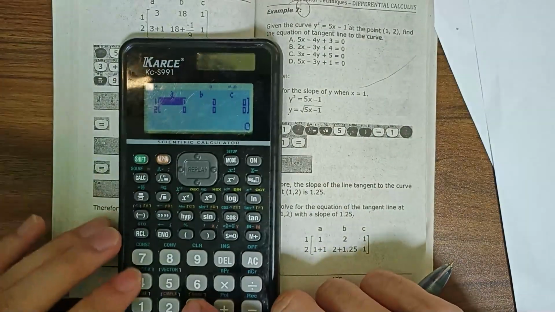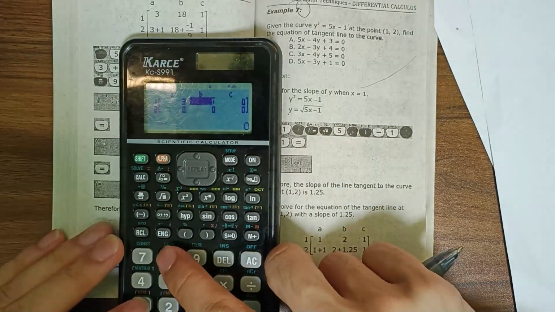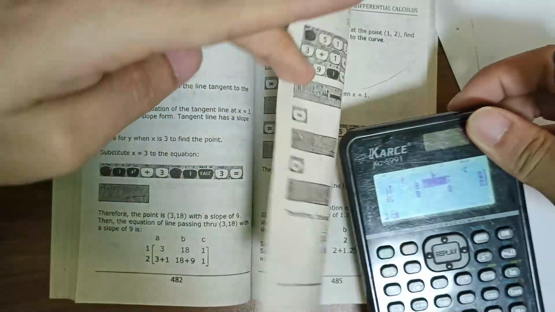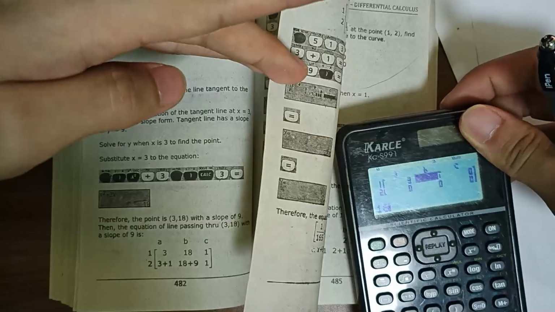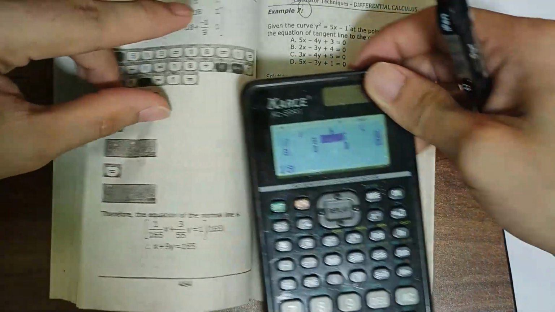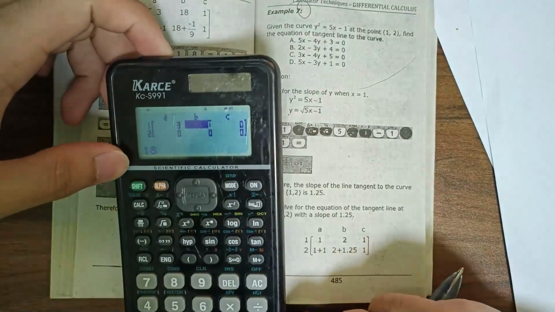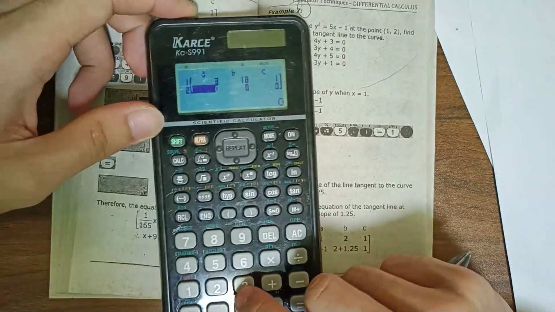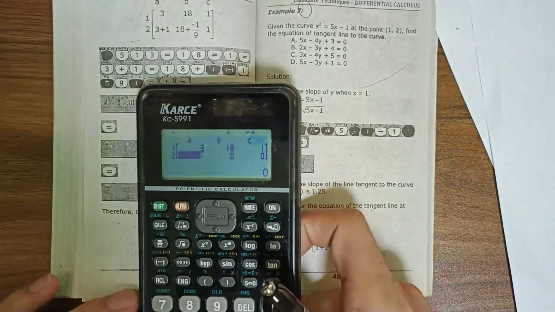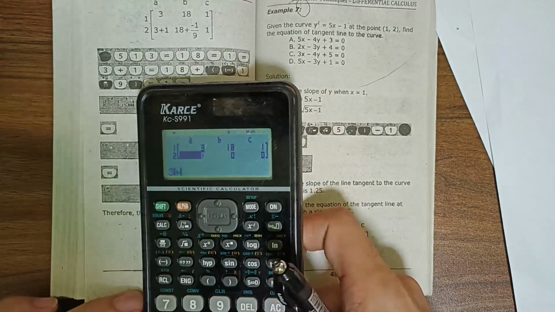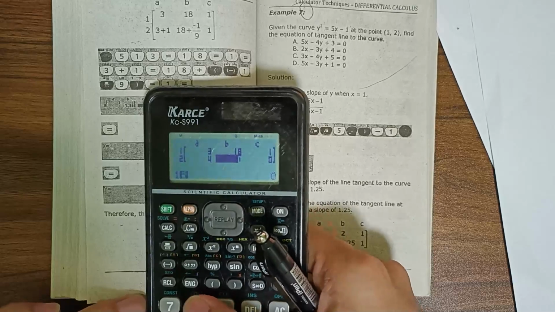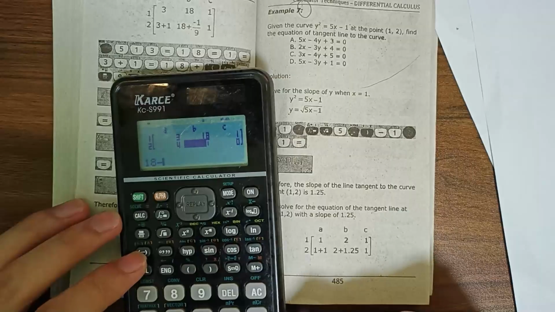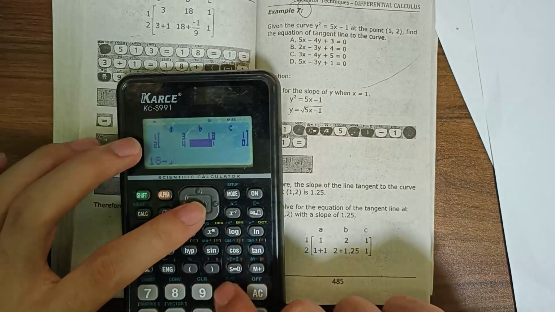So going back, 3, then 18, then 1, then 3, always plus 1, 3 plus 1, then 18 plus our negative reciprocal of our slope, which is 1 over 9.